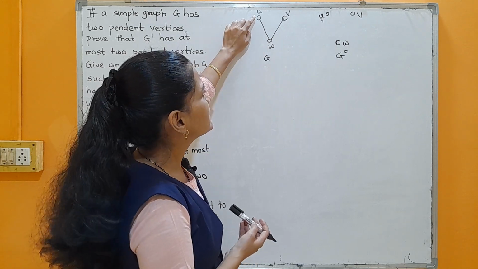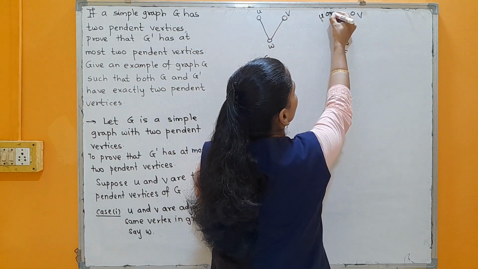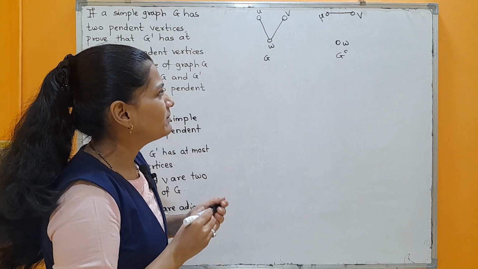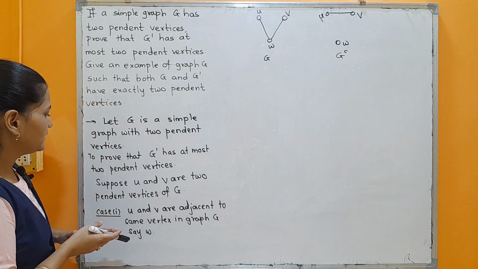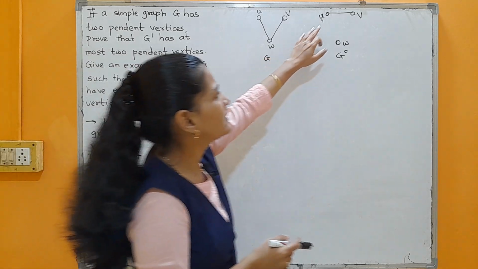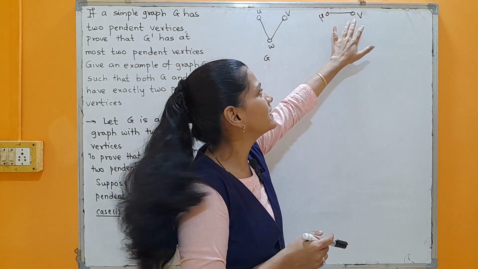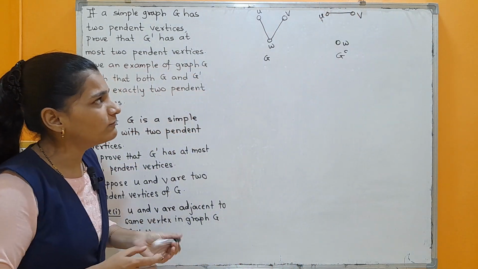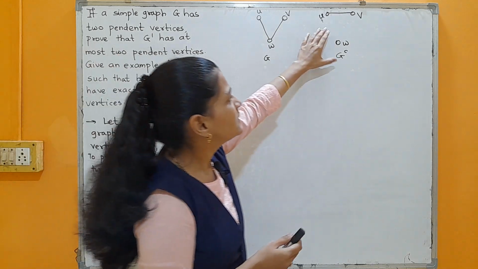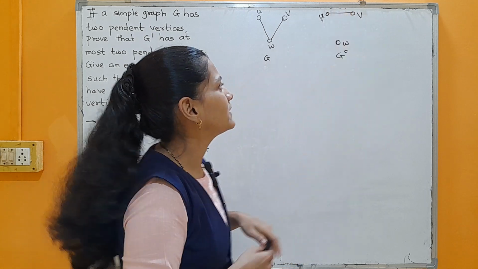But there is no edge between U and V in graph G, so there must be an edge between U and V in G complement. And in G complement, we want to prove G dash has at most two pendant vertices, and here we have U and V, two pendant vertices. So you can easily check in G complement there are two pendant vertices, not more than two.